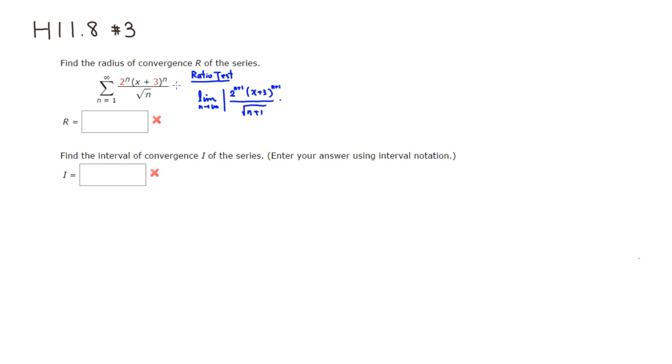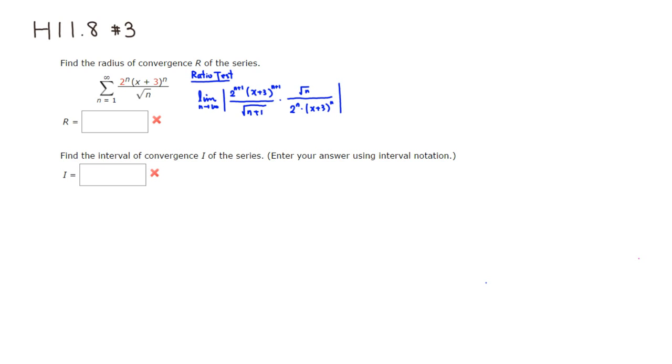And divide by a_n, so I would just take the reciprocal of that. So you have the square root of n here, then 2 to the n, and then x plus 3 to the n.